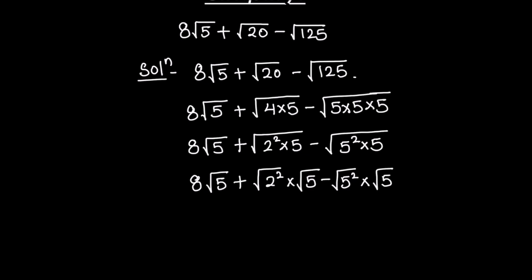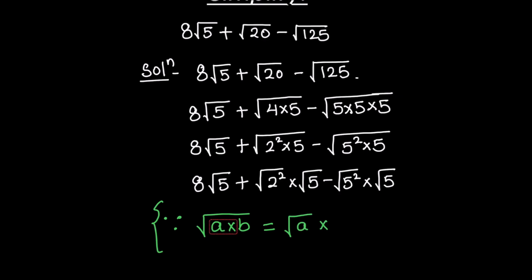Here we have used a simple rule of radicals, which is square root of a times b can be written as square root of a times square root of b. So here 2 square times 5 can be written as square root of 2 square times square root of 5.